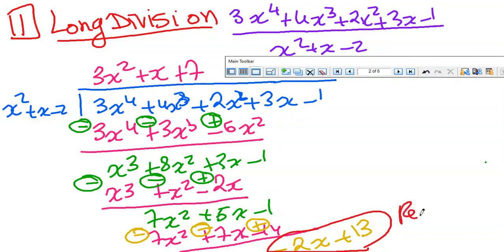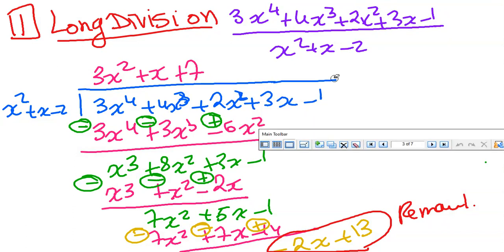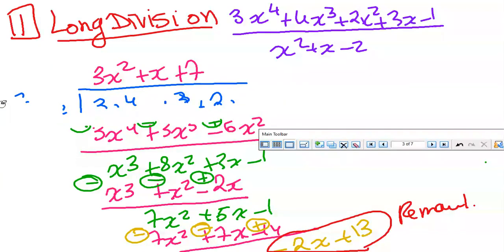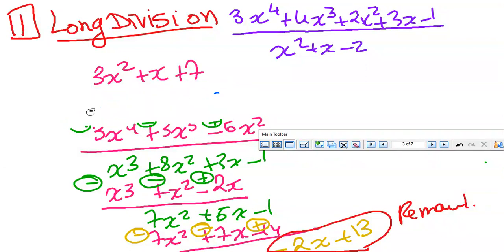Okay, we did that, but now how are we going to write the answer? The answer of the division is 3x squared plus x plus 7. And I still have the remainder, minus 2x plus 13. So I just want to duplicate it to be able to see it.